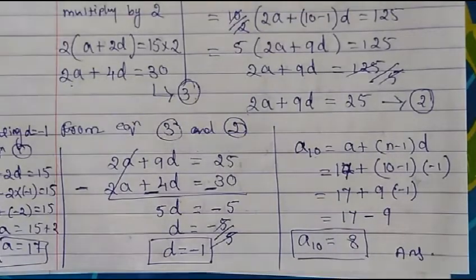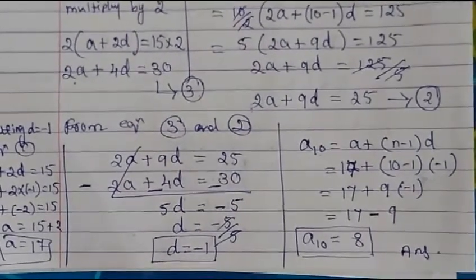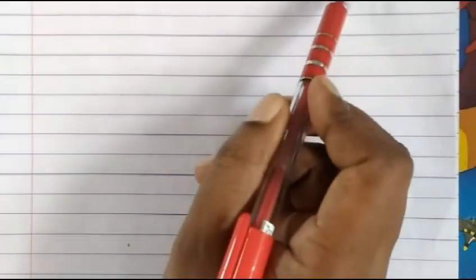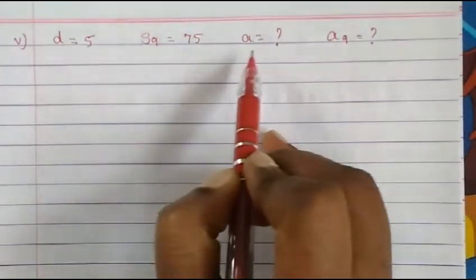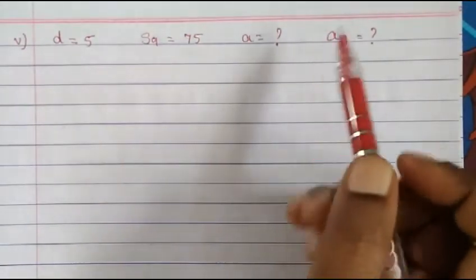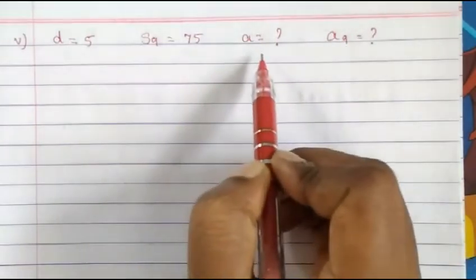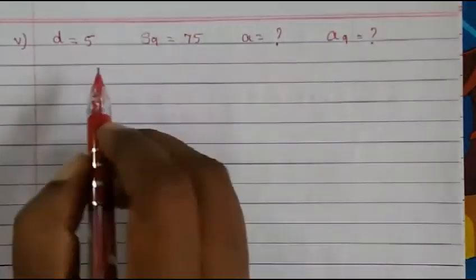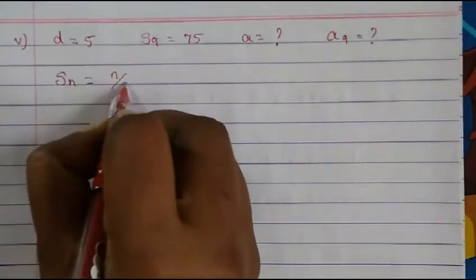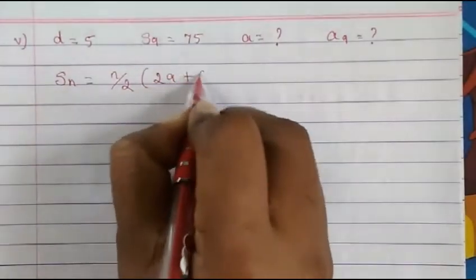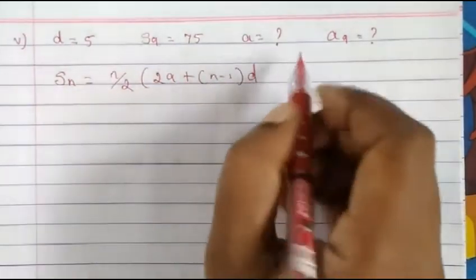So now let's see the fifth one. In the fifth sum, the d value is there, S9 is there, a we don't know, a9 we don't know. A9 we have to find out, a value we have to find out. So here we can use this formula, that is Sn equals n upon 2 into 2a plus n minus 1 d.